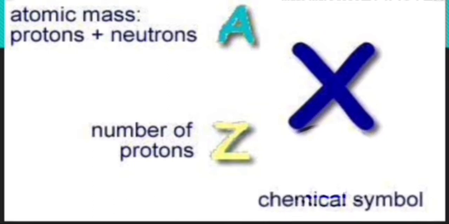Z is the atomic number of the element X. It is defined as the total number of protons present, hence it is also known as the proton number. In a neutral atom, the number of protons is always equal to the number of electrons.